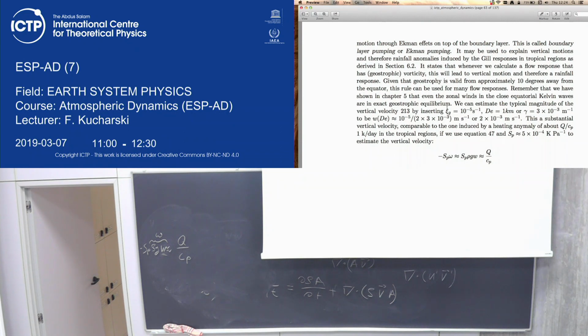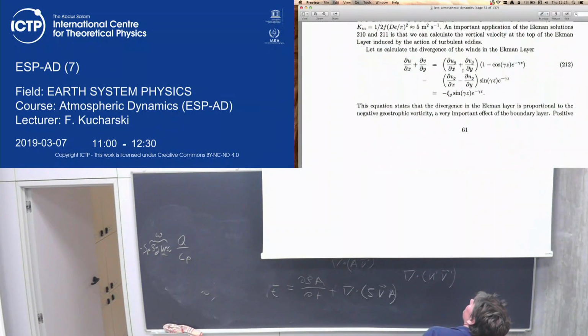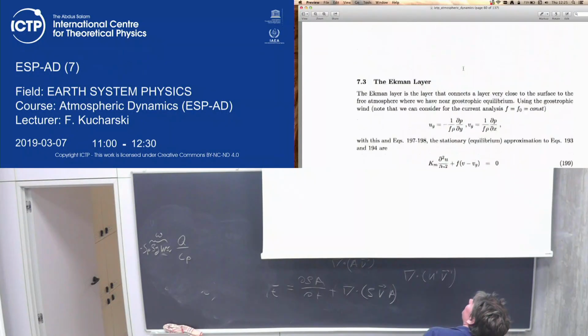So the vertical velocity that our Ekman pumping induces is comparable to the vertical velocity a weakish El Niño event would create through compensating vertical motion due to the heating. So it is a relevant mechanism to create vertical velocity. We will discuss in the next lecture in much more detail what the consequences of this are.